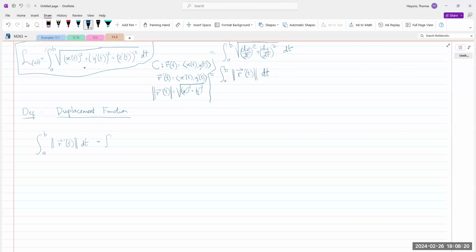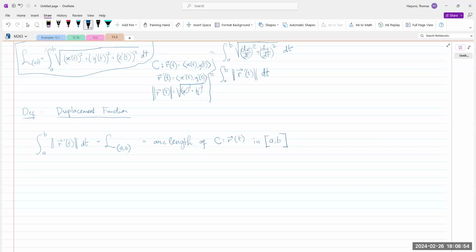That's the arc length from a to b of the curve managed by r(t), right? Okay, this tells us the arc length of C managed by r(t) in the interval AB.